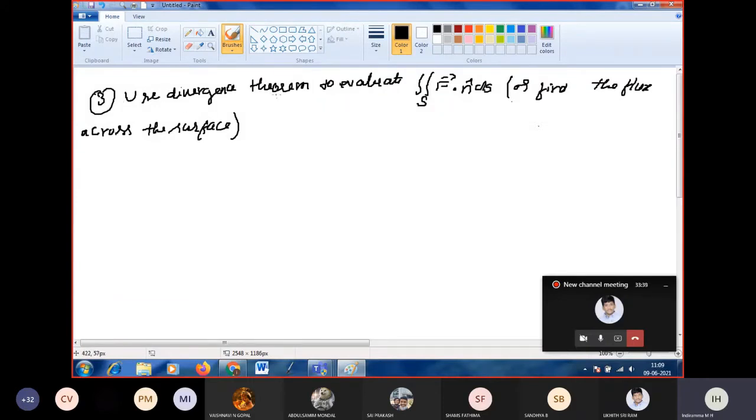So use Gauss divergence theorem to evaluate over the entire surface of the region bounded by the xy plane.